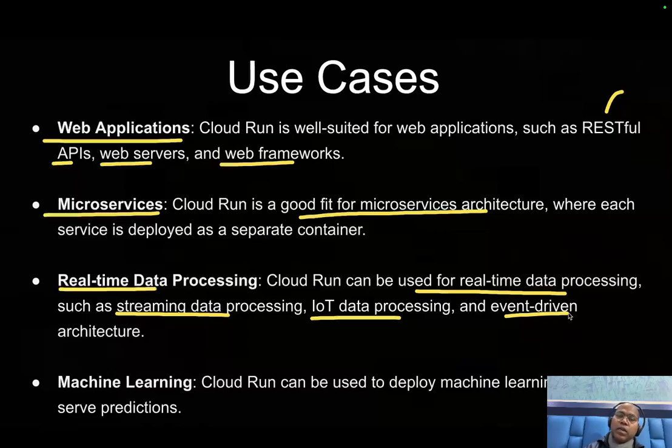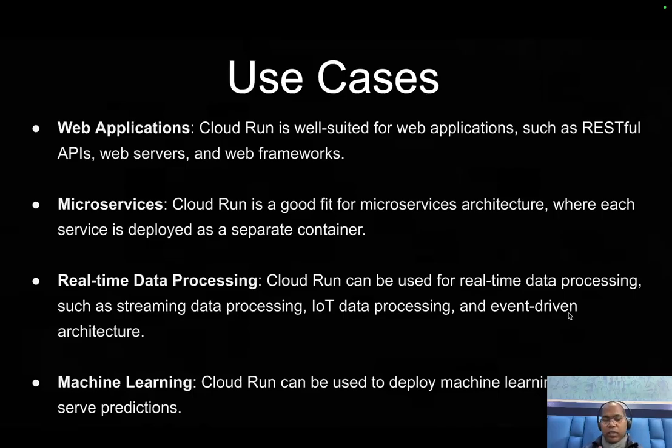Even for machine learning algorithms and artificial intelligence applications, where you just want to deploy and test your models, Cloud Run helps. So: microservice architecture, web applications, APIs, real-time streaming, IoT processing. These are the use scenarios. Cloud Run can help with easy deployment and provide all the NFRs for your application.